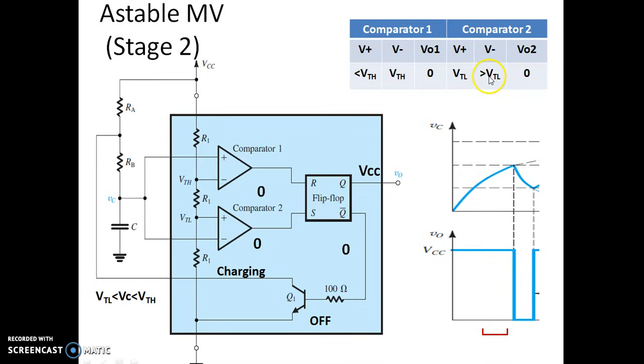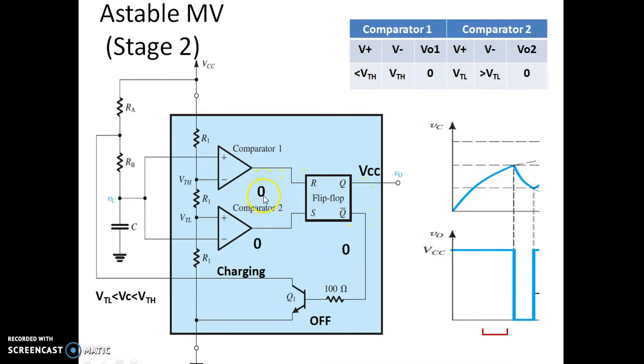The V minus is greater than VTL, so V minus is greater than V plus. Actually the output of the second comparator is becoming 0 volt.